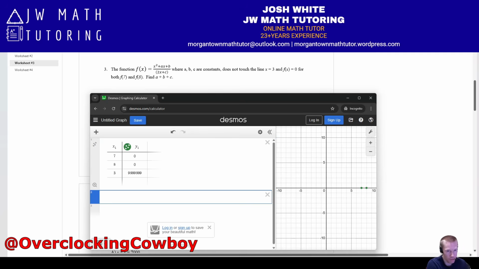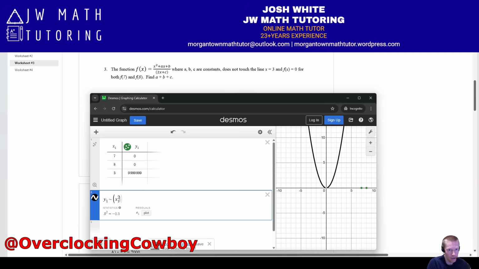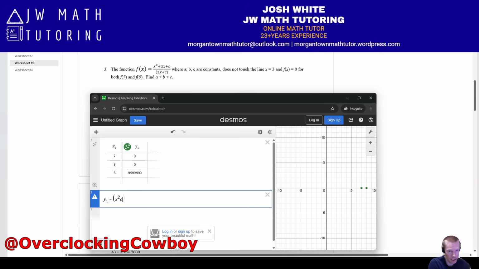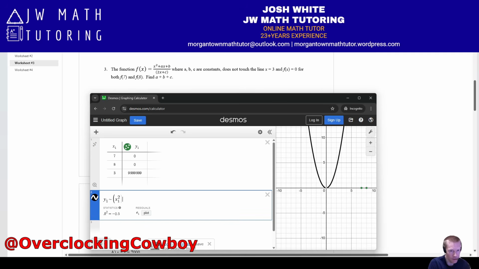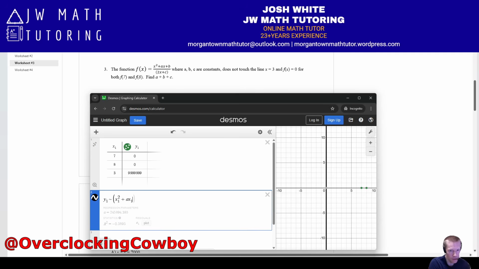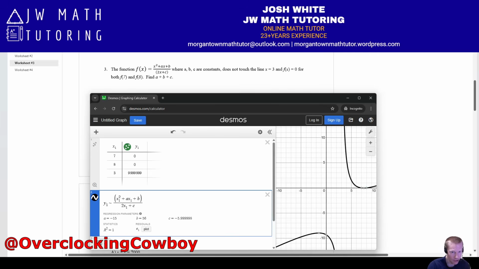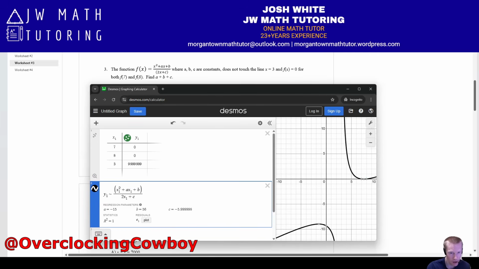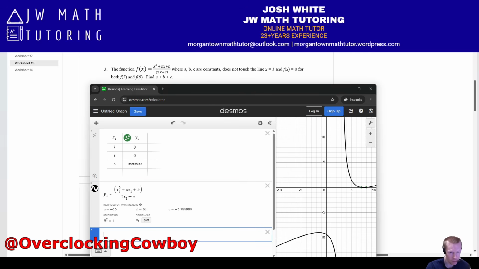That's going to function essentially the same as a vertical asymptote. So now what we can do is regression with this form of x squared plus ax plus b on top, and then on the bottom, 2x plus c. Okay, so now what happens is we have a, b, and c. It found values for us. What is a plus b plus c?